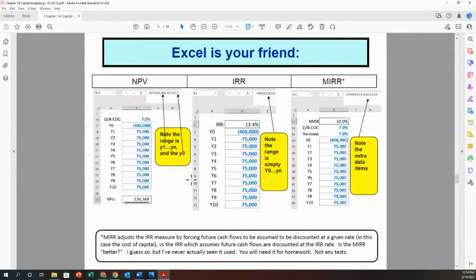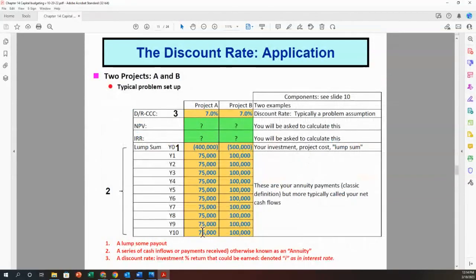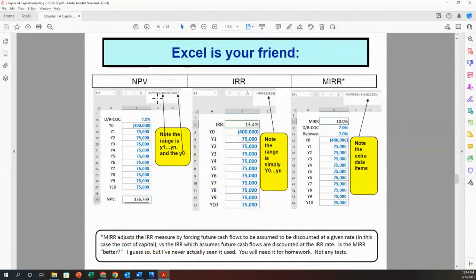Well, Excel is your friend. So what we do is we set up a neat model like this, nice and orderly. And to calculate the net present value, and again, if history shows, a lot of you are going to get this wrong, and all I can do is warn you and tell you to pay attention.